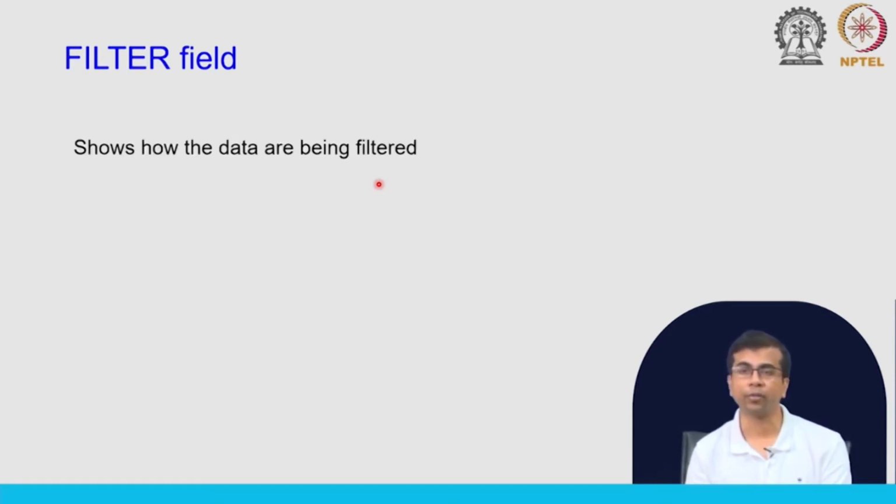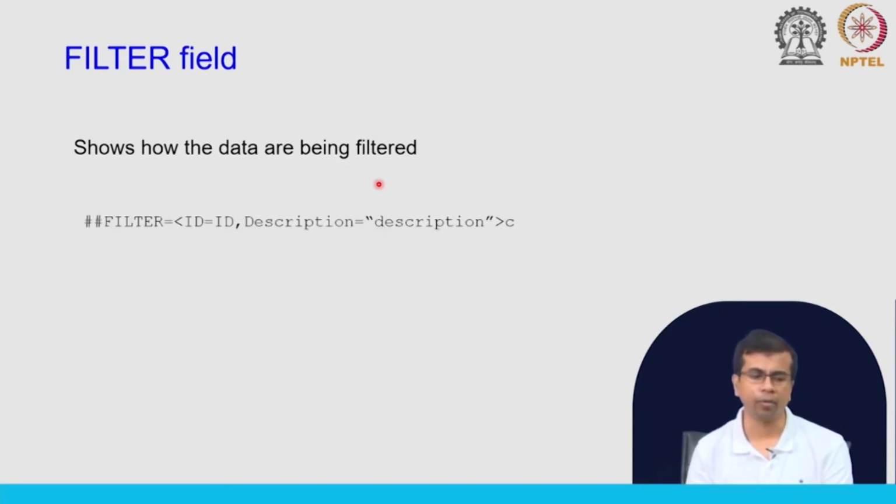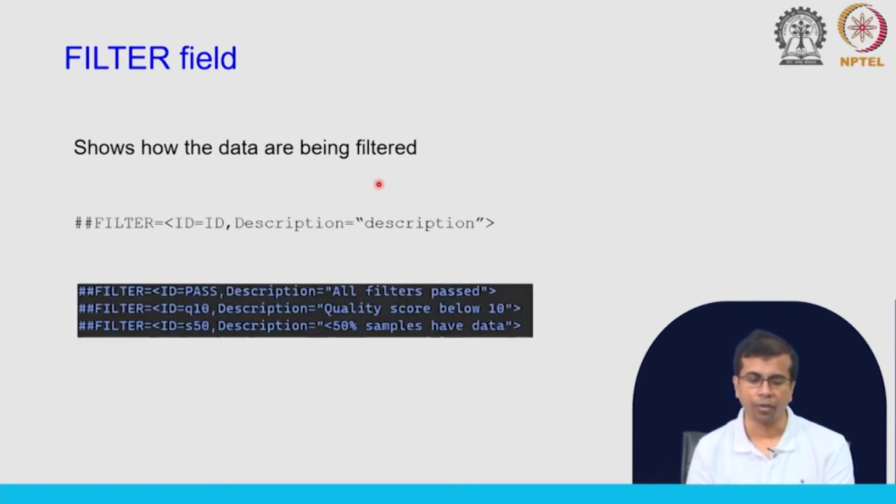It shows how the data is being filtered, and this is how it would look like: FILTER equals ID and some description. So, what you have here are some examples from an actual VCF file. You can have FILTER ID equals PASS, description all filters pass.